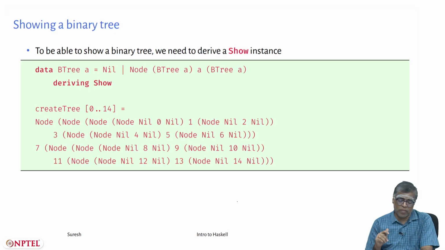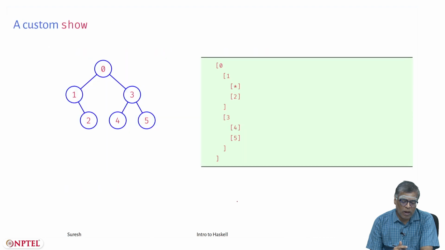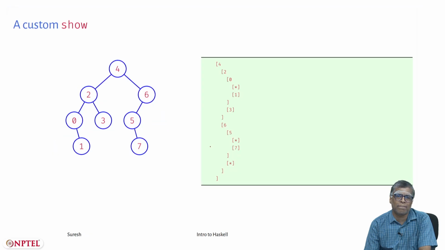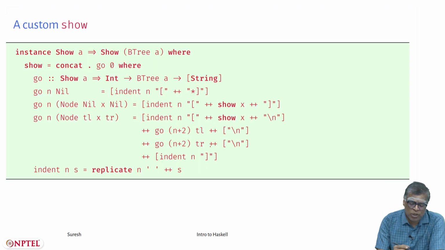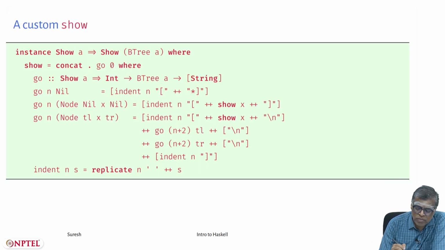And I need to be able to show a binary tree easily, and this is one thing where I actually have a much more sophisticated show. You can refer to the code and figure it out, but I want to do something like this, and this is not a very complicated program.